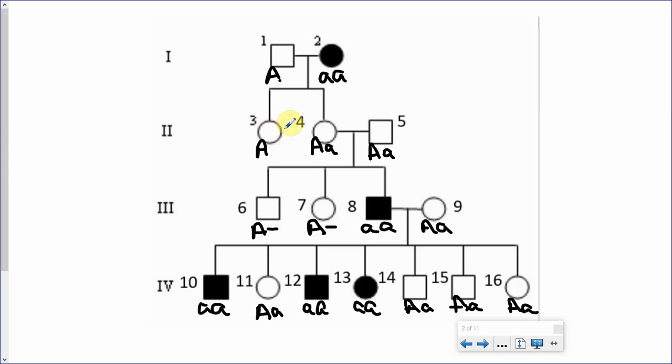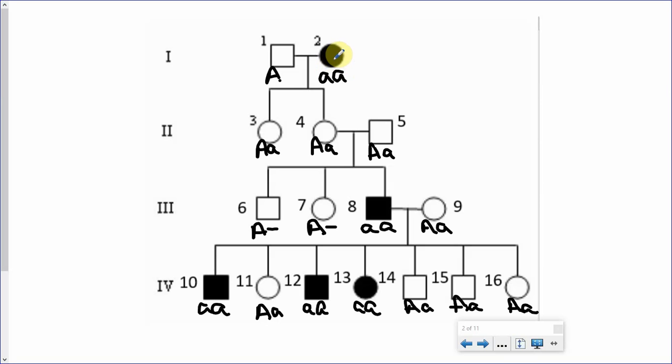For number 3 up here, since it's dominant, but mom up here as number 2 has a little a, that means she would have given her daughter the little a. However, for great-grandpa here at the very top, since neither one of these is little a, we do not know if grandpa actually contained the recessive trait.